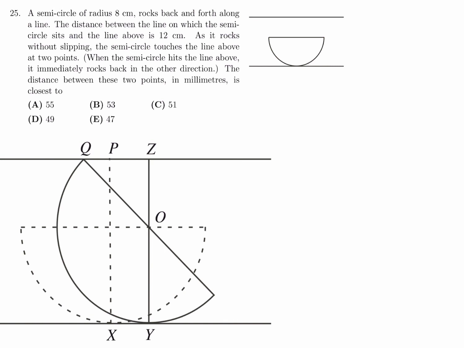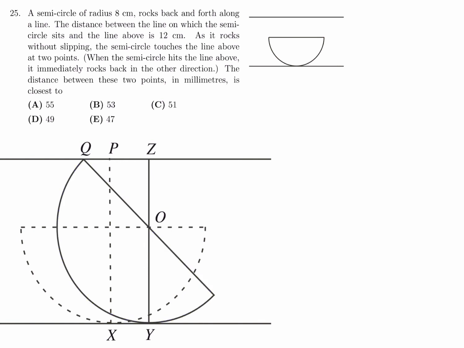So here is a diagram that illustrates what the question stem is talking about. And you'll notice that the dotted line here is the semicircle in its original position. And then what this diagram shows is that the semicircle is tilted so that it is now in this position.